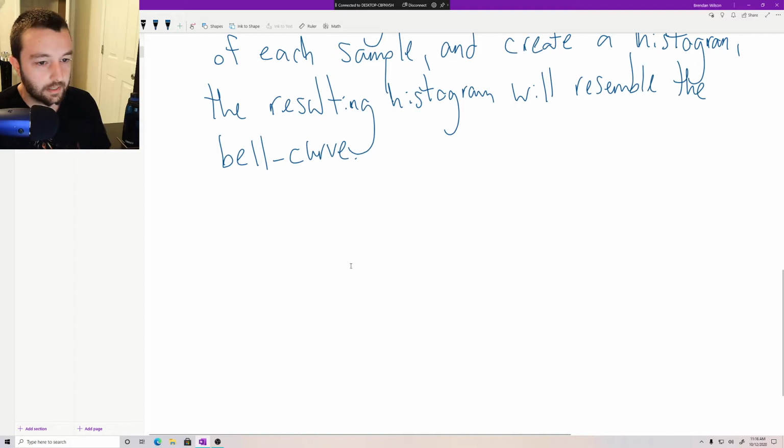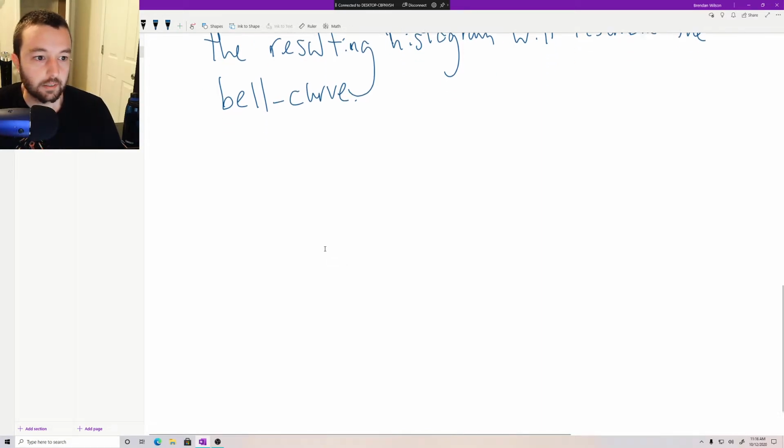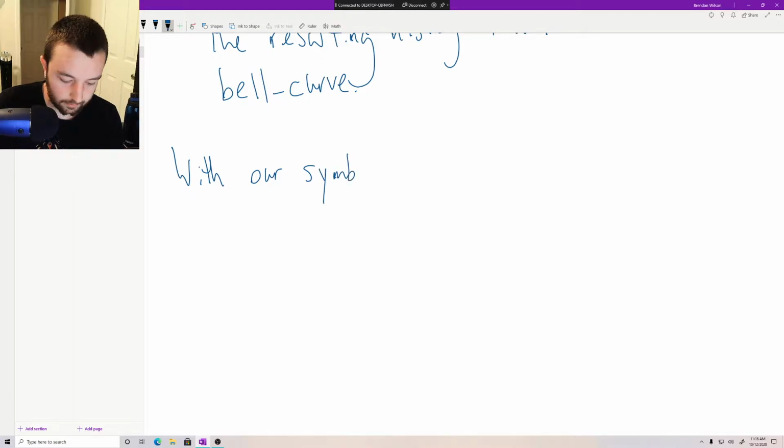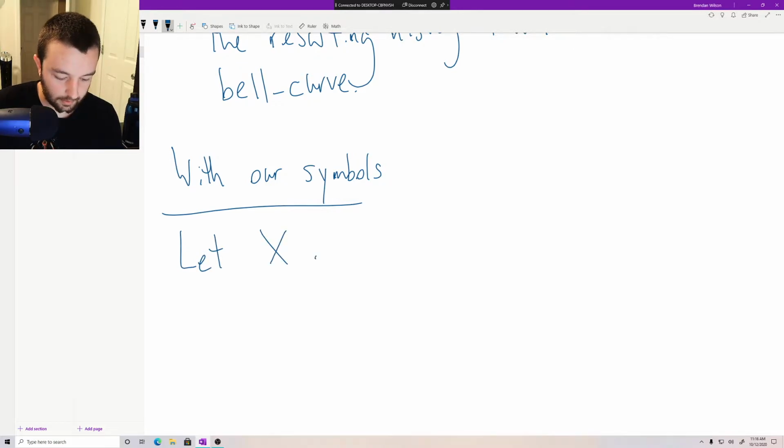So let's state this with math symbols a little bit better. With our symbols, let x be a random variable.